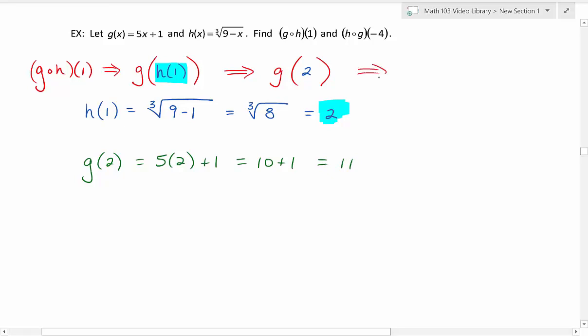That's going to be our final answer. g composed with h of 1 is equal to 11.